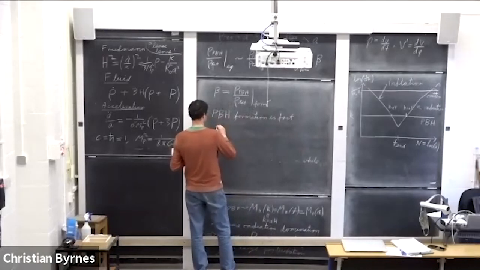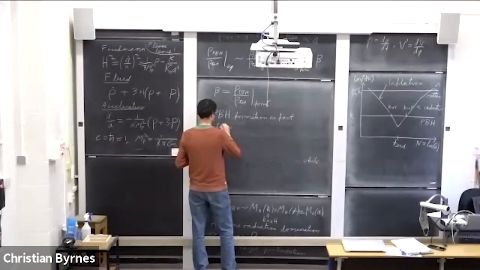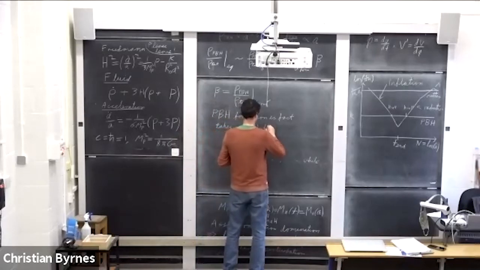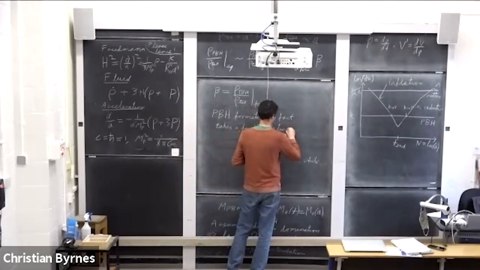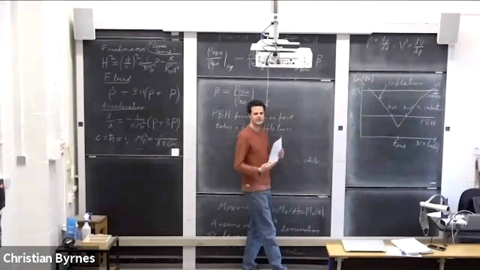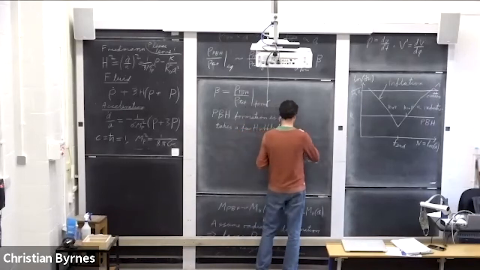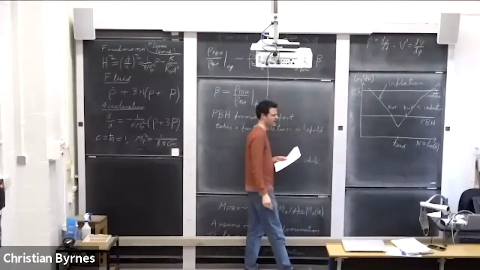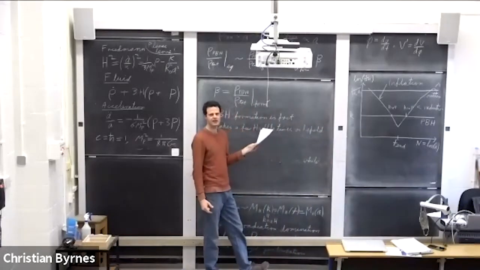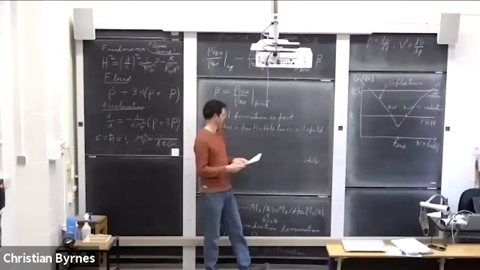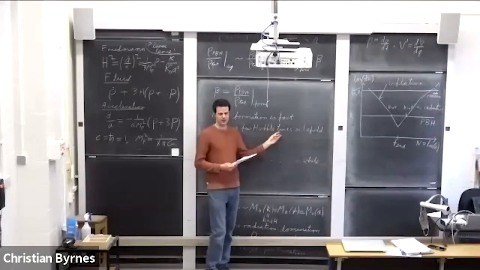It takes a few Hubble times, so a few times 1 over H, which in terms of e-folding is about 1 e-fold. In fact, during radiation domination, you can check that 1 e-fold of expansion, so the scale factor growing by a factor of 2.7, corresponds to about 9 Hubble times.